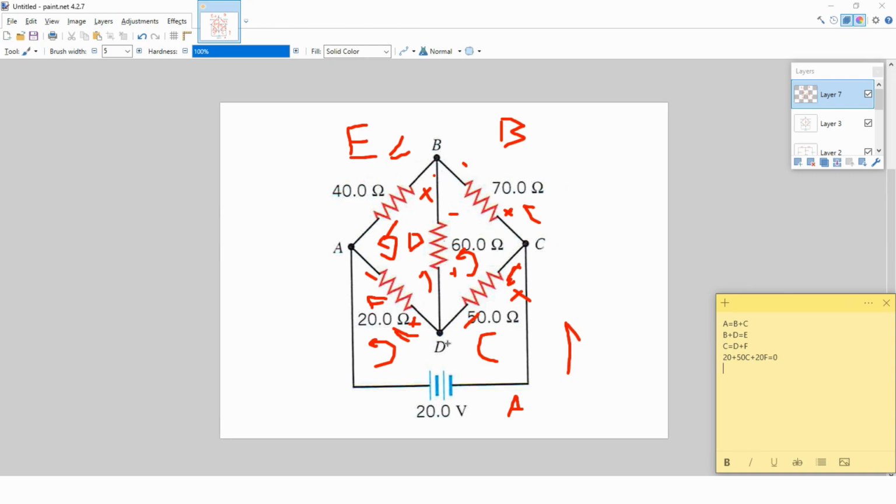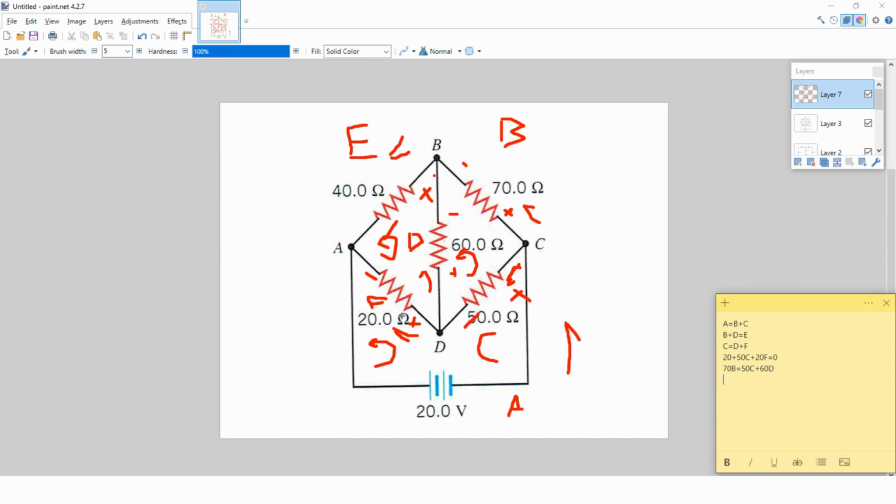Decrease, increase, increase. So 70B is equal to 50C plus 60D. We're almost done. We're going to need 6 equations because we have 6 variables.